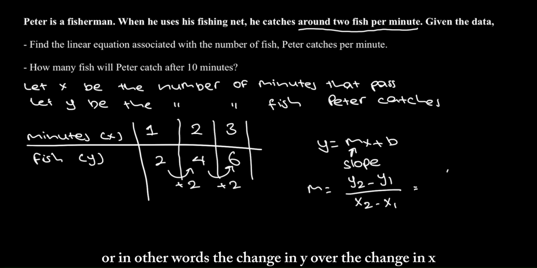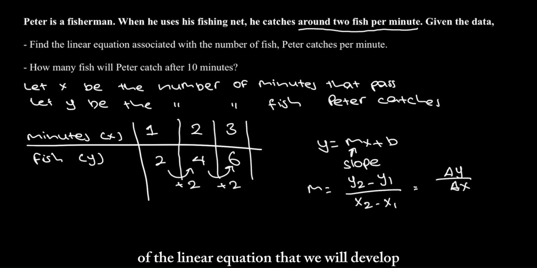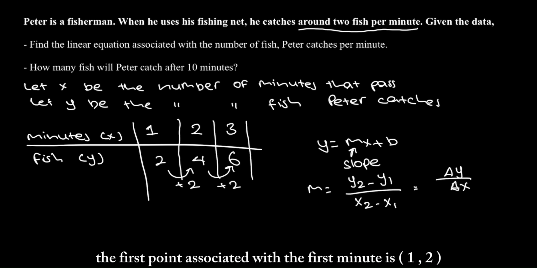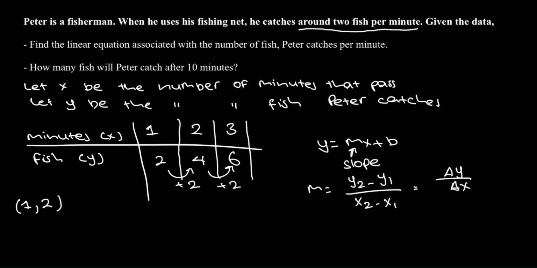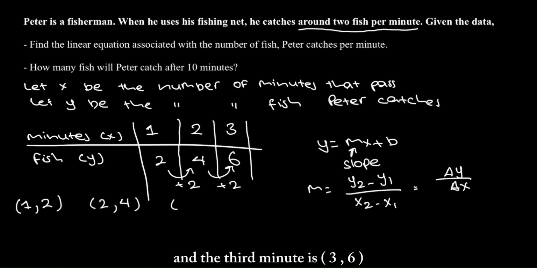Or in other words, the change in y over the change in x. From the table, we can derive 3 points that we will have on the line of the linear equation that we will develop. The first point associated with the first minute is (1, 2). The second minute is represented by the point (2, 4). And the third minute is (3, 6).